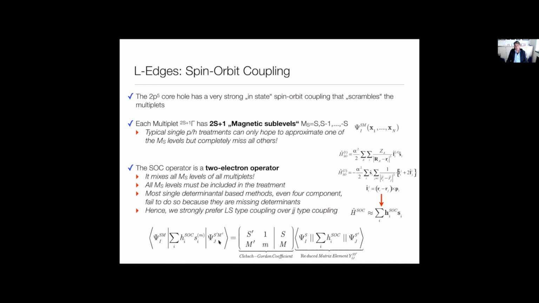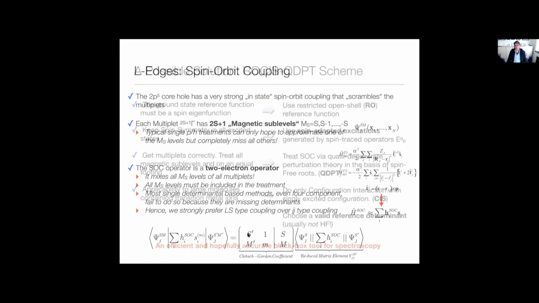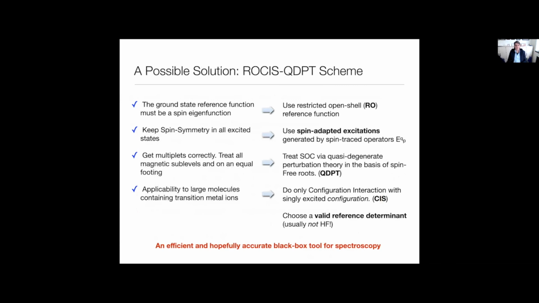What helps a lot in calculating the spin-orbit interaction is the Wigner-Eckart theorem, which lets us reduce a whole block of these coupling matrix elements between states of configuration I and J with spin quantum numbers S, M and S', M'. That's a 2S+1 times 2S'+1 matrix, and we can generate it by calculating one matrix element, the reduced matrix element, and then the Clebsch-Gordan coefficient. These are technical details that I don't want to dwell on, but you get a general idea of what it is.